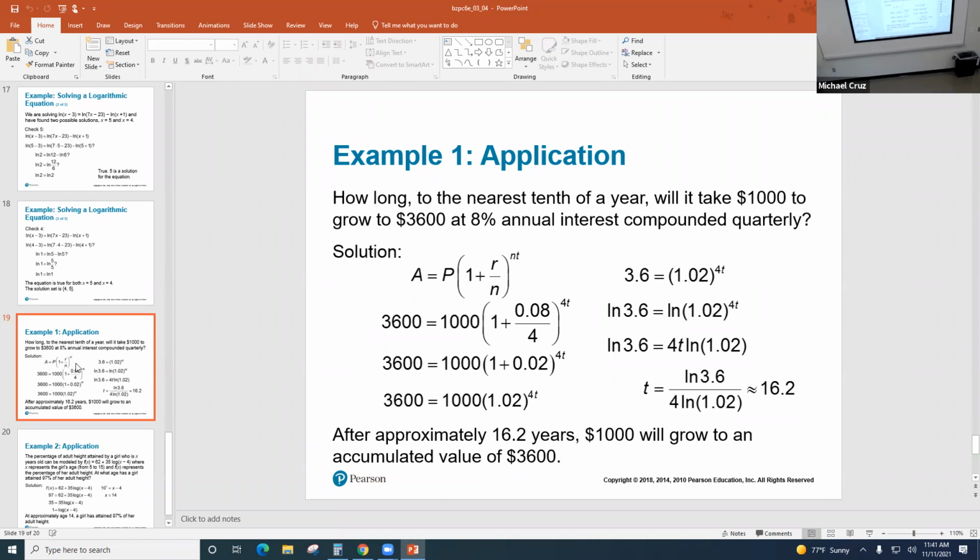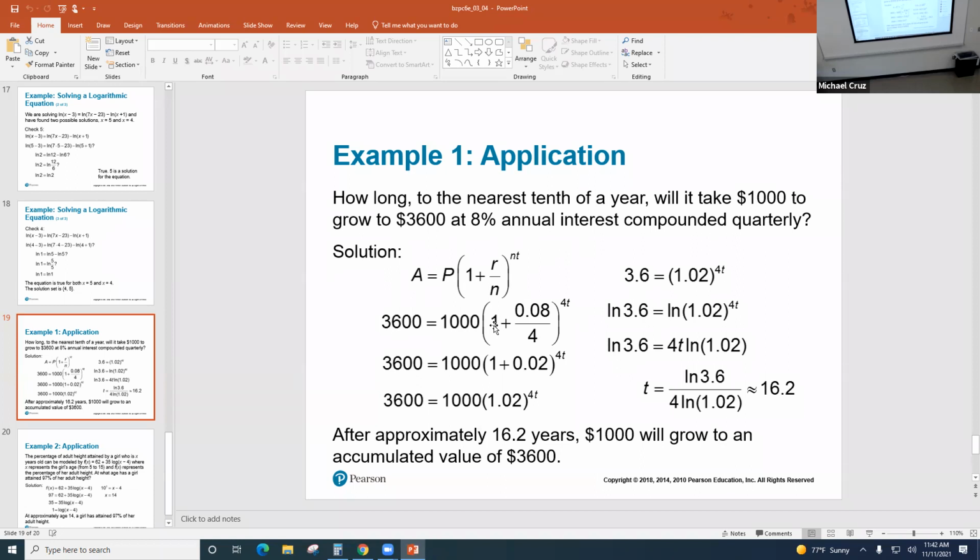So what we're going to do is use the values they're giving us to fill in that formula. The amount we want to get is 3,600. We want to find out how long it's going to take. The principal was 1,000. Remember, that's what that big P is. It goes out in the front.